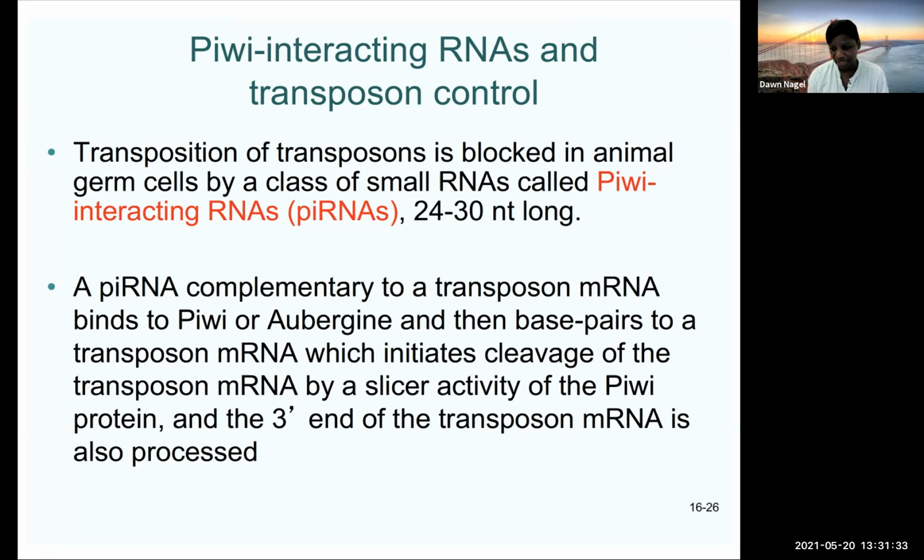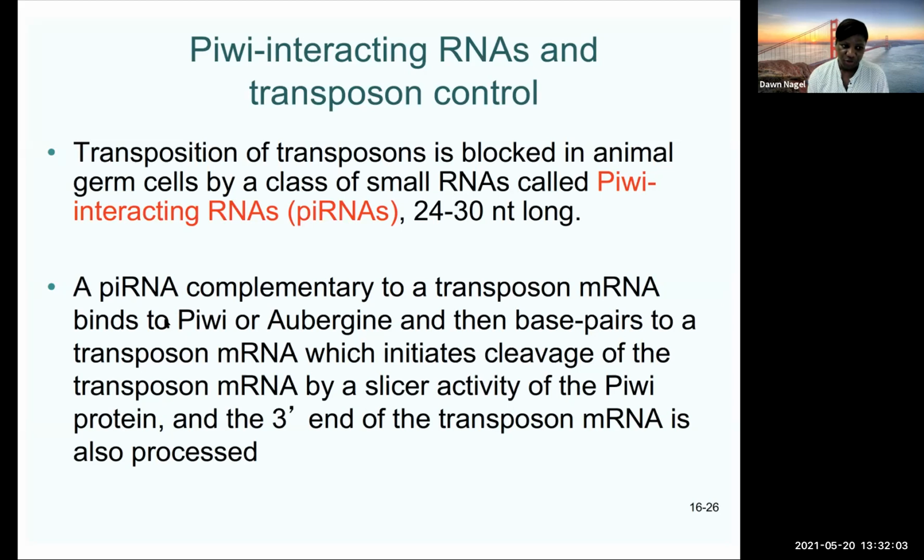They're found in many organisms, and they are really precise in making sure that that transposon gets silenced in the germ cells, okay? The size is very similar to siRNAs, right? 24 to 30 nucleotides long. And often you will find complementarity to some part of the transposon.